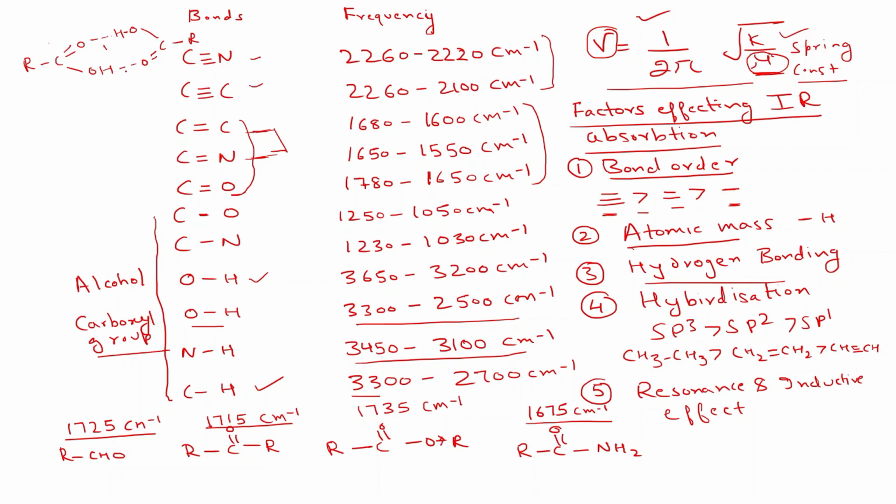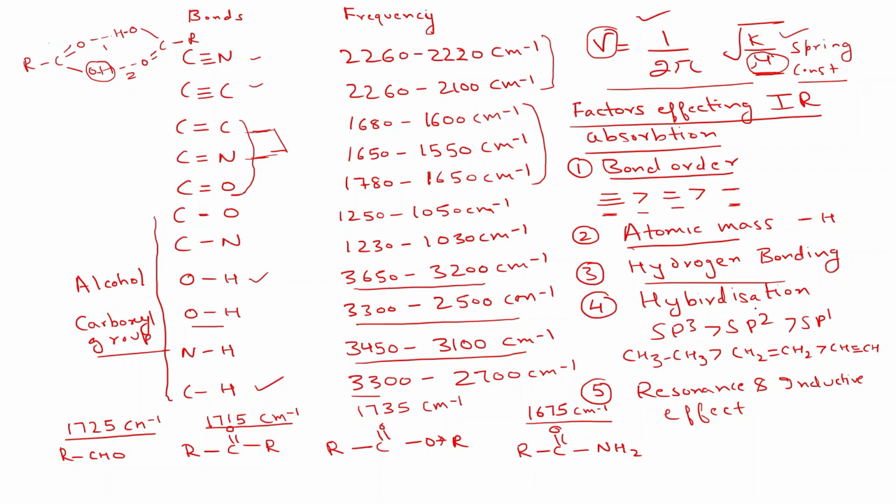One hydrogen bond, two hydrogen bonds. So this weakens this OH bond, and because of this weakening, the OH group of the carboxyl group will vibrate at a lower frequency, because the more the strength of the hydrogen bond here, the more weakening of the OH bond takes place. So the carboxyl OH group will vibrate at a lower frequency, whereas the OH group of alcohol will vibrate at a higher frequency. This happens because of the hydrogen bonding, which makes the OH bond weaker, thereby decreasing the frequency.